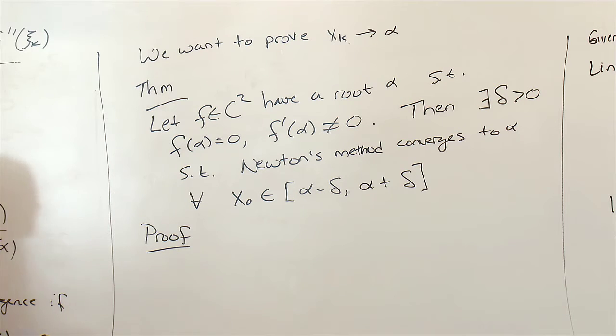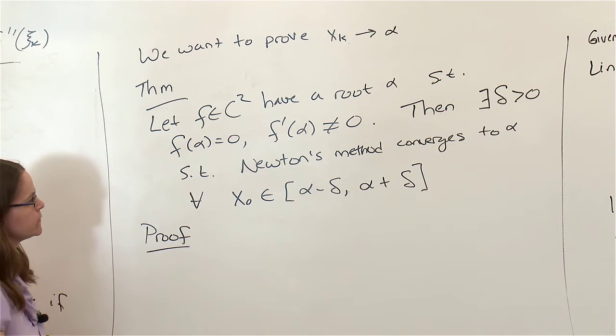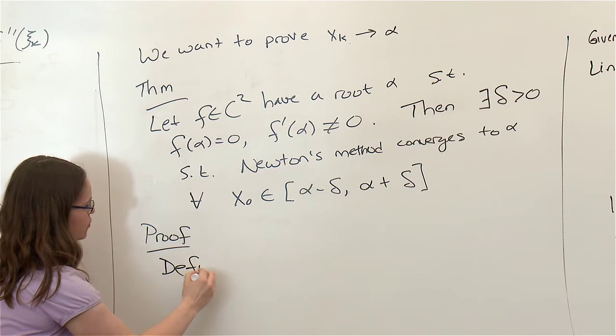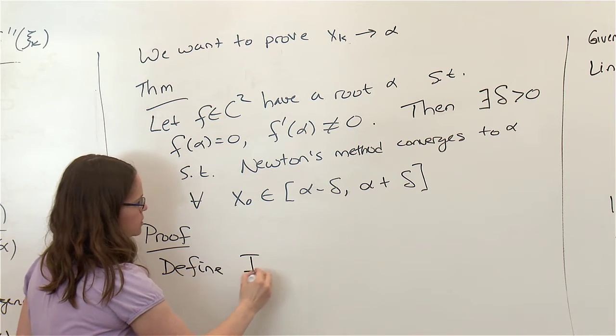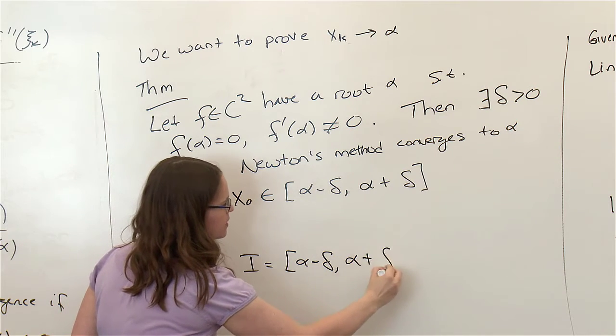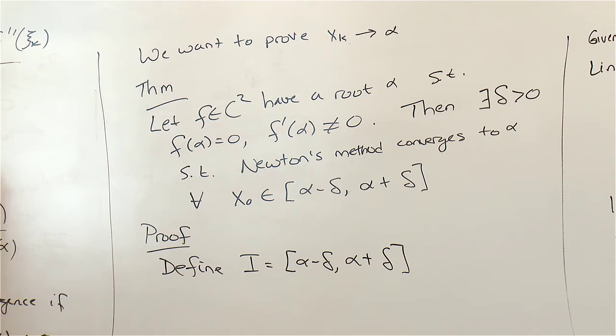Okay, so let's see if we can work this out. In the interest of keeping the writing down, I'm going to define I to be this interval. Now, we have to sort out exactly what this interval should be.